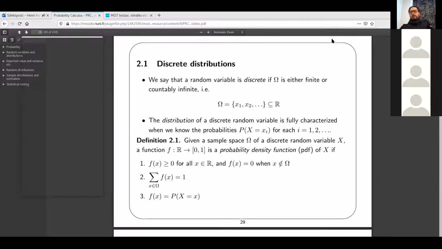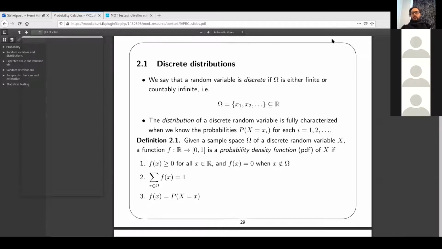So how do we describe them? A very common way to describe them is by use of a probability density function. So the probability density function is a mapping from real numbers to [0, 1]. And now in real numbers, we go through not the random variable, but the values of the random variable.